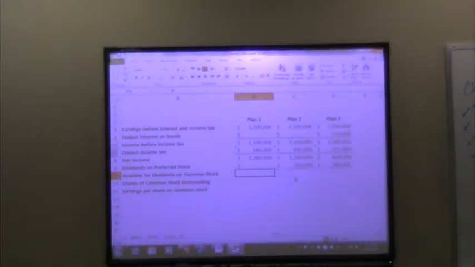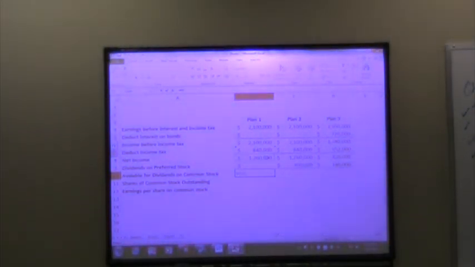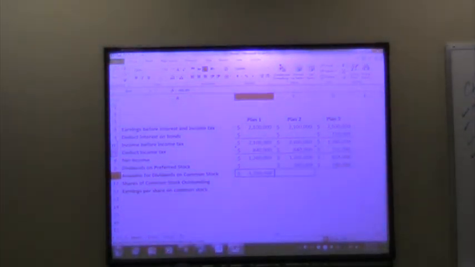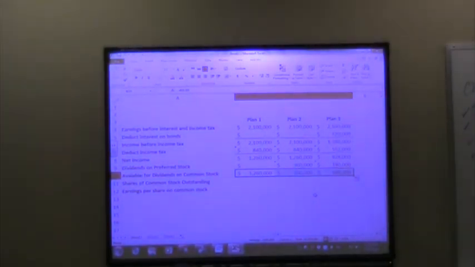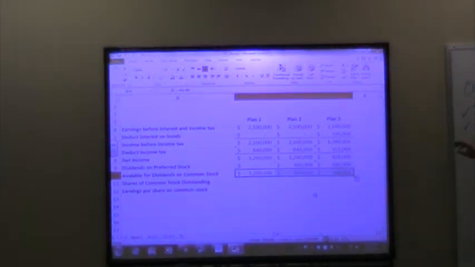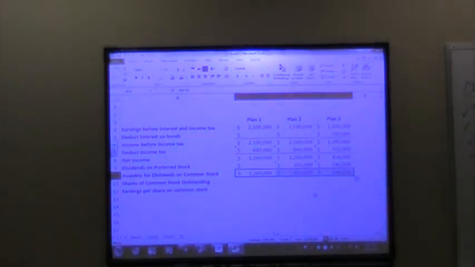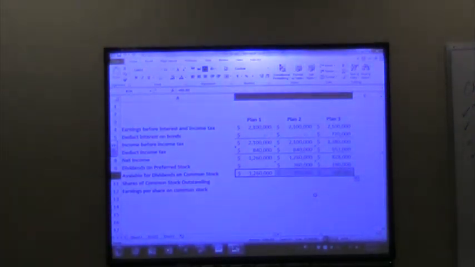All right, so then what we'll do is we're going to take away the preferred stock dividends. Remember, that's what we did for the EPS. So when we did that equation, it was net income minus preferred stock dividends. And so that's what I'm doing right here. And that gives me the top of the fraction, and then we're going to divide that by the amount of shares we have.